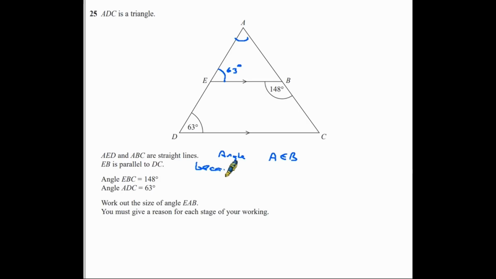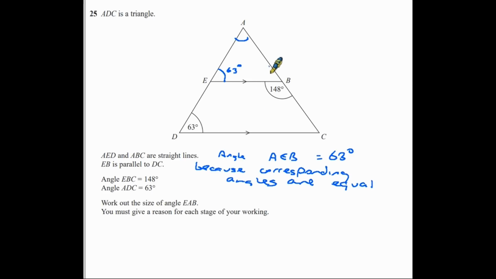It takes some writing out because you need to put the rules in here. Corresponding angles are equal. Quote the rule and everything is fine. So we have 63 degrees here.